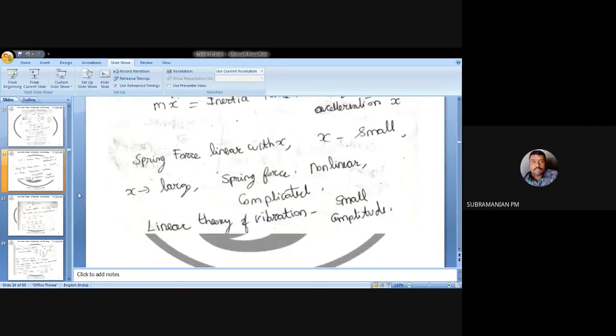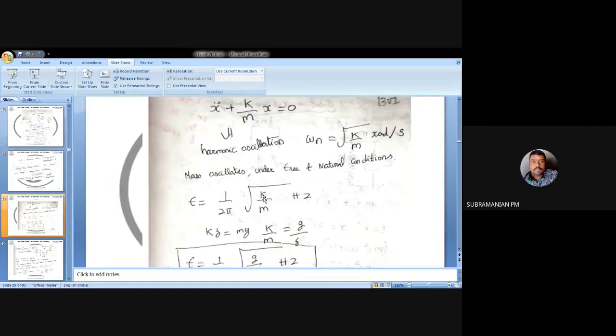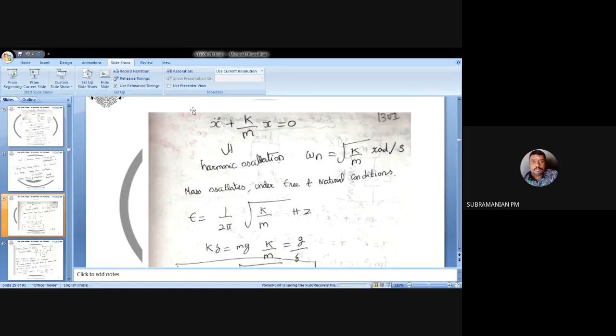So we have seen what is mx double dot. That will be the inertia force. You can see this equation. This K by M, it is for harmonic oscillation. I have asked one question. That is, you have to write the equation of motion for simple harmonic motion. So you can see the equation will take this format. That is, omega n will be equal to root of K by M. Okay.